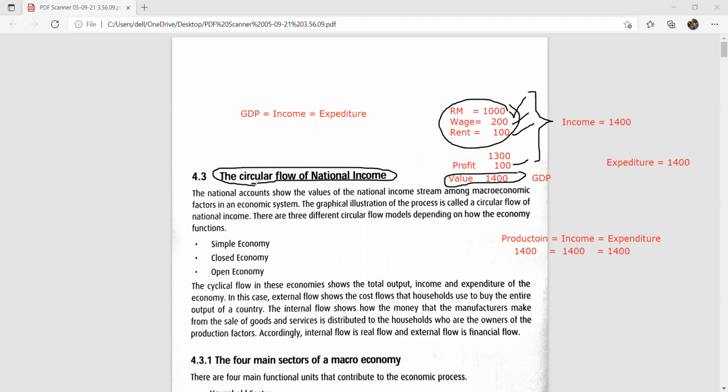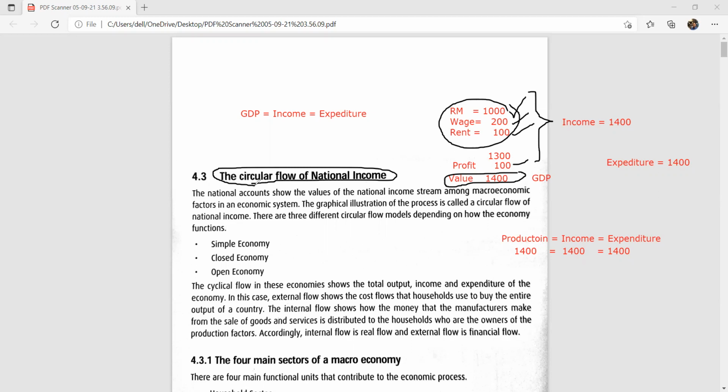So the circular flow of income is the financial and real flows between households and firms in which production, the value of total output, is exactly equal to income, as well as income equal to expenditure.